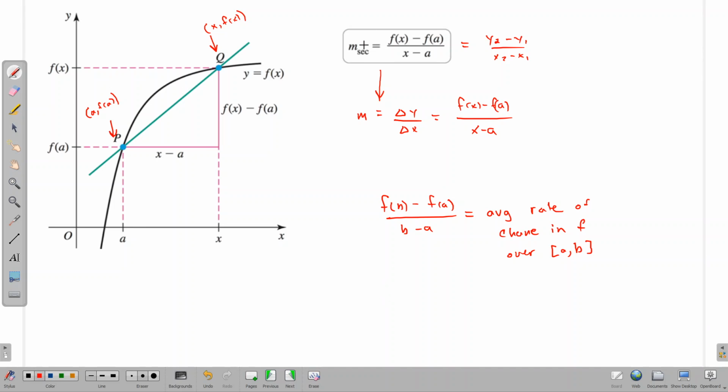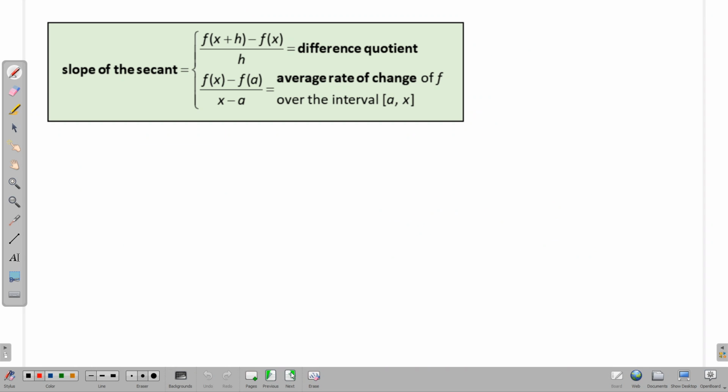So slope of the secant, difference quotient, and average rate of change of the function over an interval are all the same concept. Slope of the secant could be expressed in either one of these forms. The top one we usually refer to as the difference quotient, and the bottom one you could refer to as the average rate of change over the interval ax.